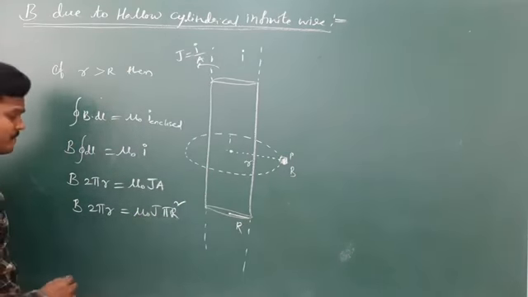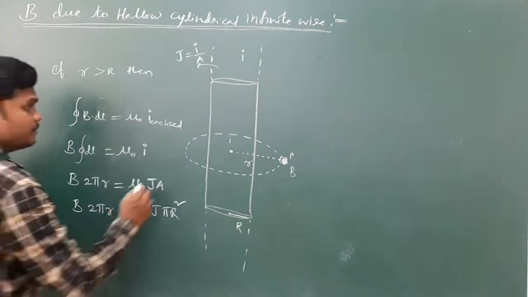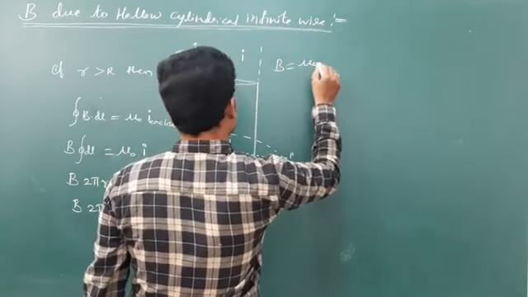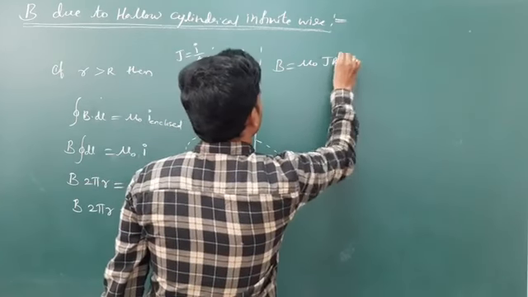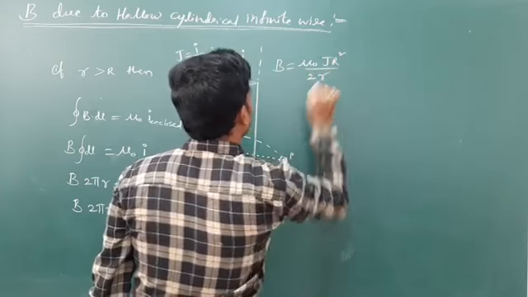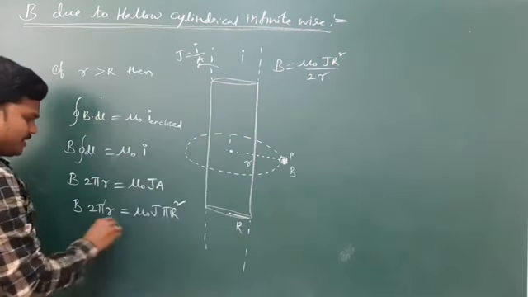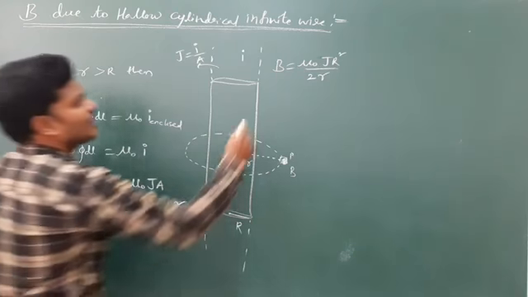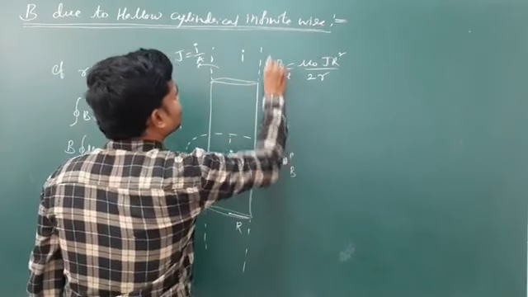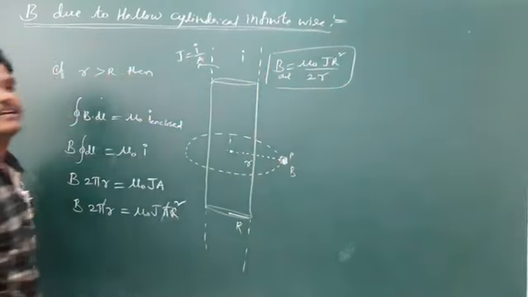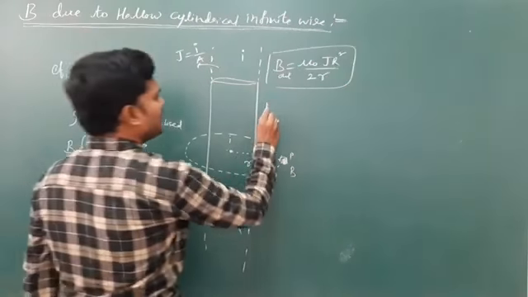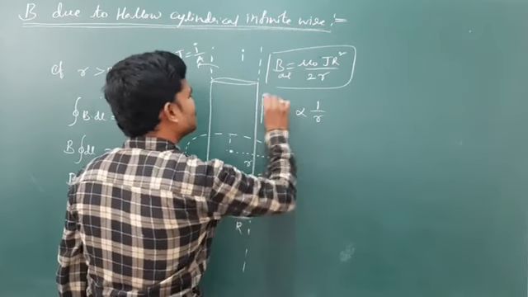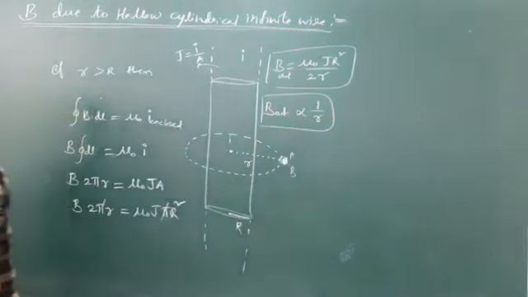So we can get B is equal to mu naught, pi gets cancelled, J R square by 2r. This is the magnetic field outside of the cylindrical infinite wire. So B outside varies inversely with respect to distance. J is a constant.